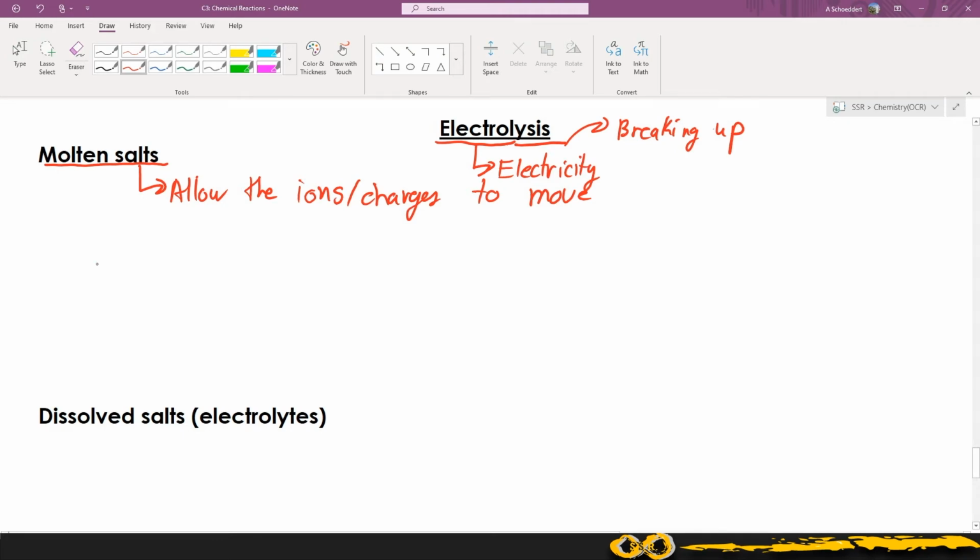Let's look at an example of splitting up lead bromide. If we were to turn this into a liquid, we would be able to split it up into its constituent parts: lead metal and bromine gas. Remember that bromine is a diatomic, and so therefore it will be shown as Br2.